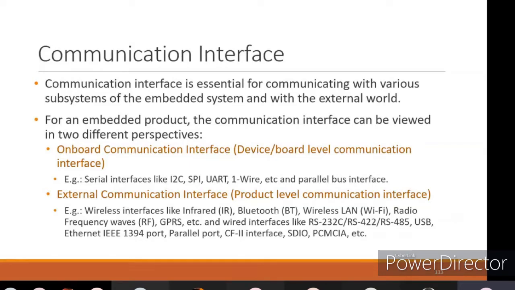You also need to communicate with external devices like sensors and actuators, and get input from keyboards. All those are communication interfaces, for communicating with the external devices and internal subsystems. For an embedded product, the communication interface can be viewed from two different perspectives.